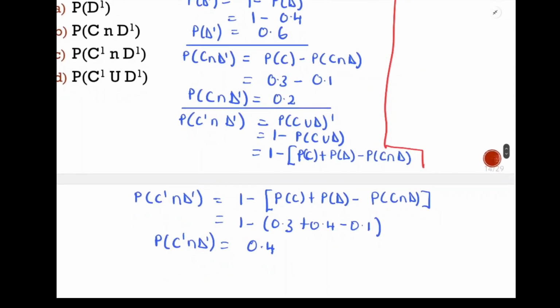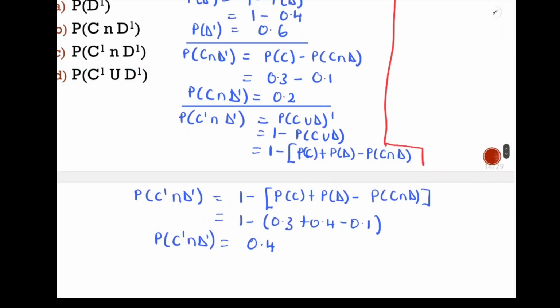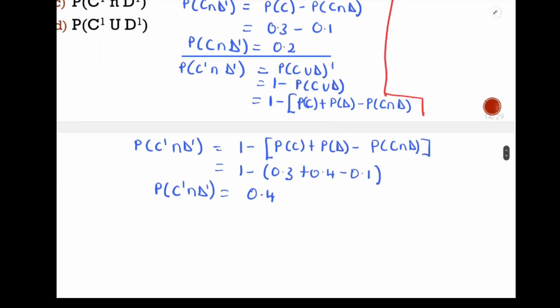Then part D wanted us to find the probability of C complement union D complement. We shall still apply De Morgan's laws. We shall factor out the complement and union shall change to intersection.